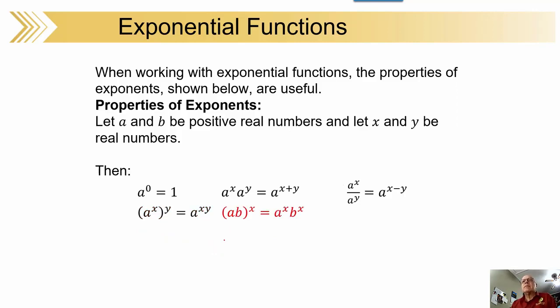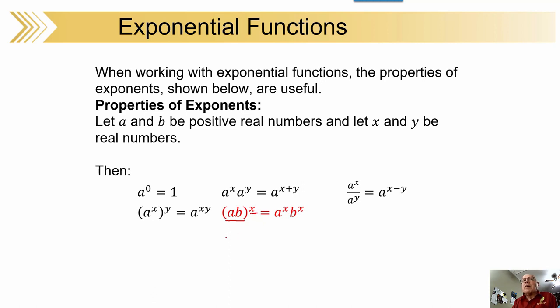Next one. This is sort of like a distributive property in a way. You've got a product inside the parentheses, AB, and you're taking it to the x power. And all you have to do is split it up. Each one of them gets the exponent of x.